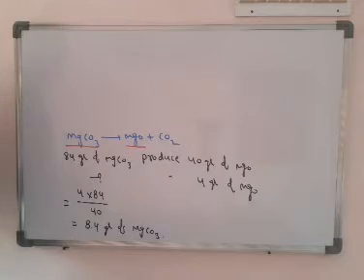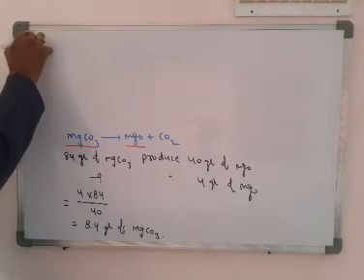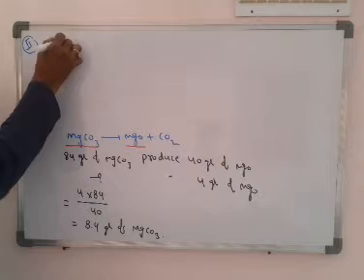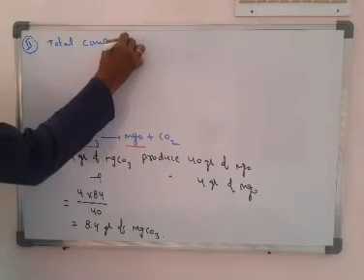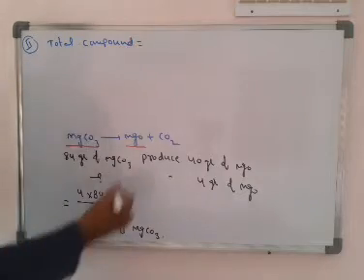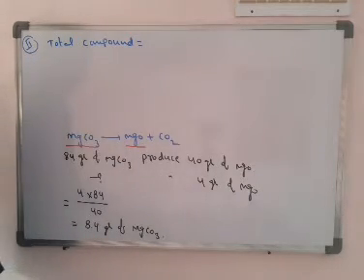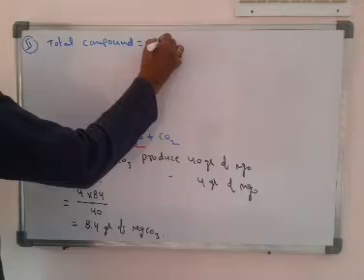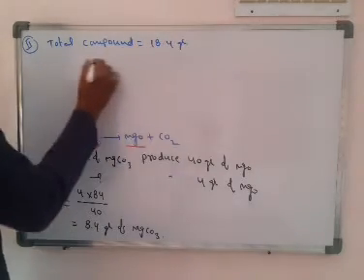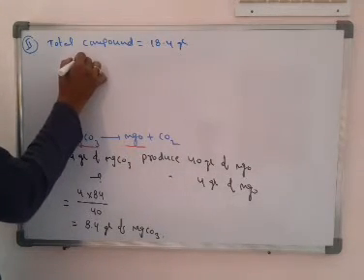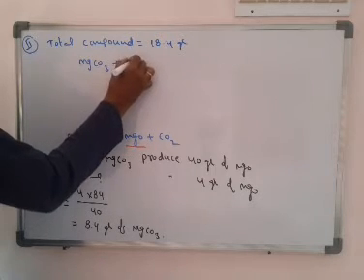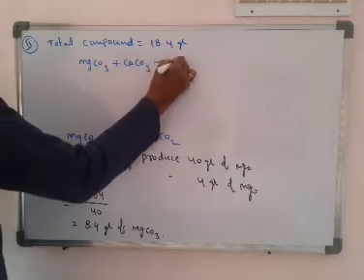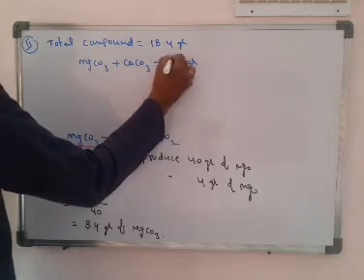So now take it as step 2. The total compound is how much? It is given as 18.4 grams. So the total is 18.4 grams, minus the MgCO3.